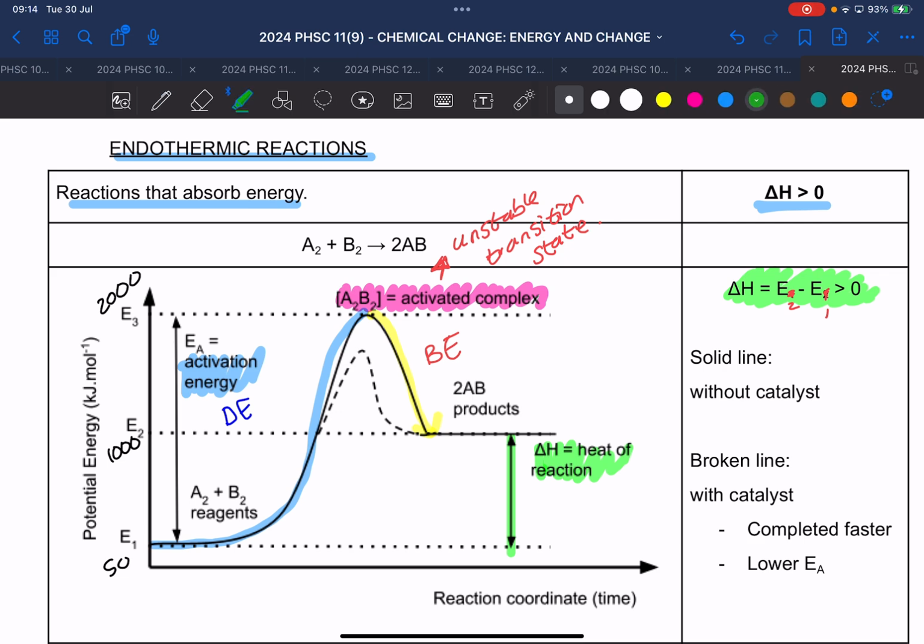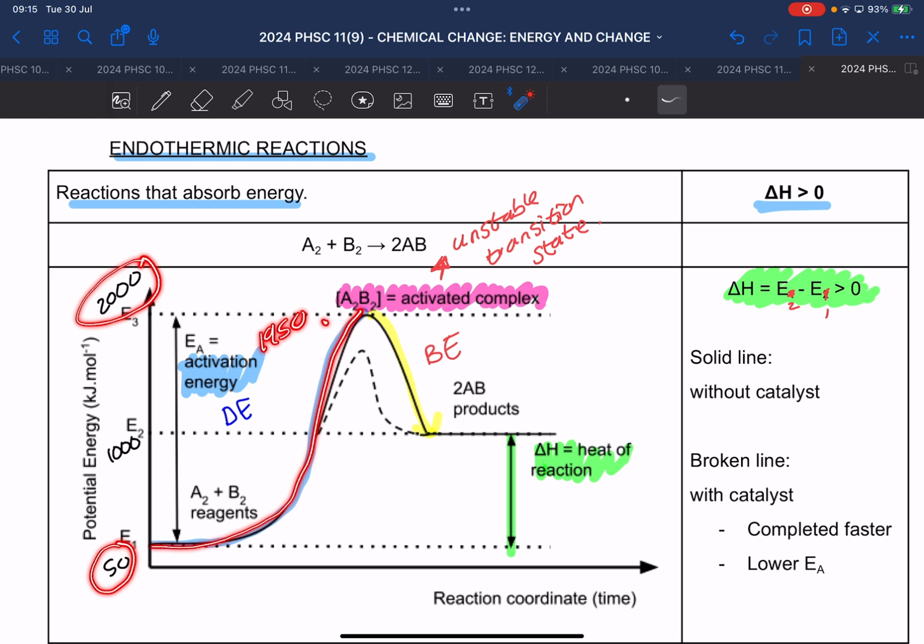Courtney, your question will be, what is the heat of the reaction? Value of the heat of the reaction. Yes? Isn't it going to be 1,950? 1,000? Yes, because from here to there is 2,000 minus 50 gives you 1,950.